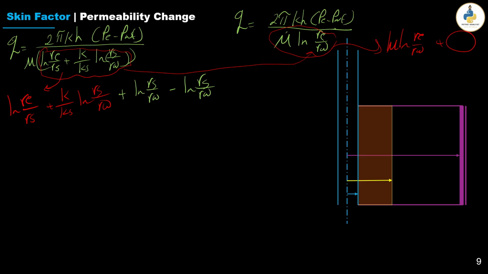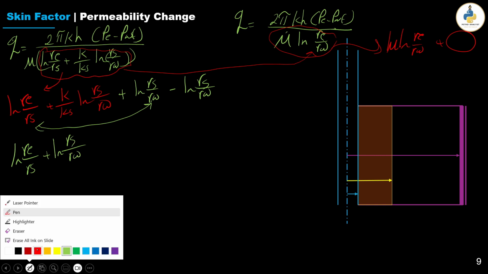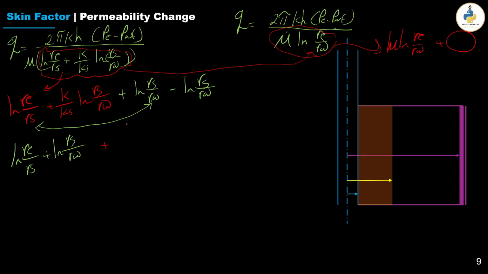We added and subtracted the same term. But by combining these two terms together, we get ln RE over RS plus ln RS over RW, plus K over Ks ln RS over RW minus ln RS over RW.